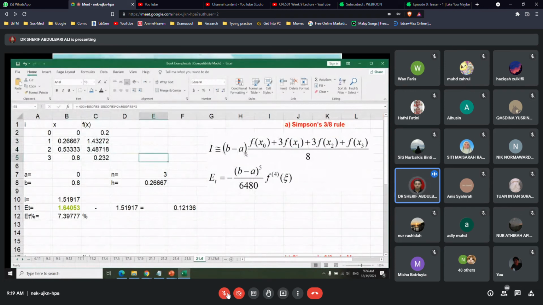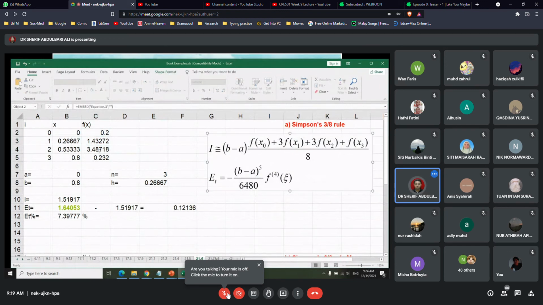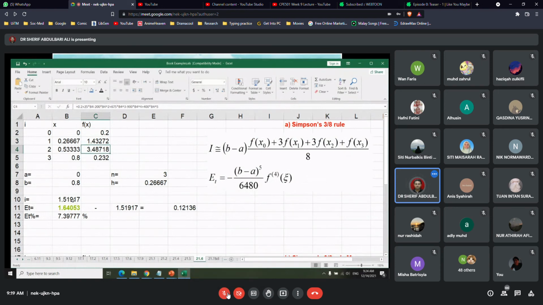Okay. So you will just put all these values here. b minus a, 0.8 minus 0, times 0.2, plus 3 times 1.4, plus 3 times 3.4, plus 0.232, over 8. So the answer is 1.519. Try it.